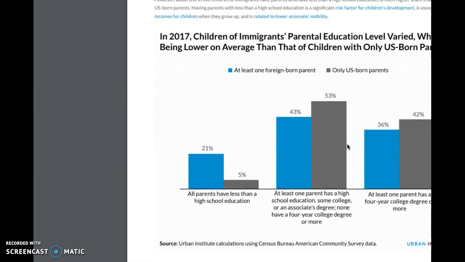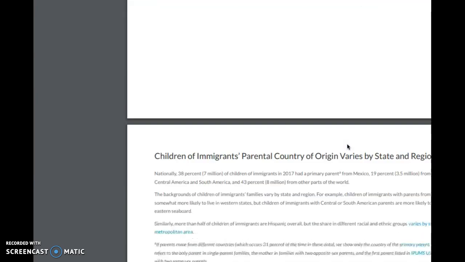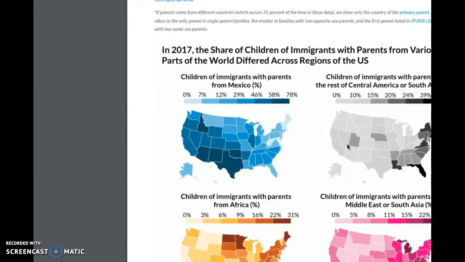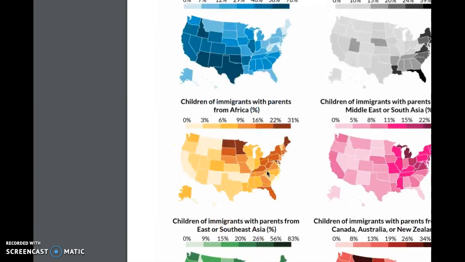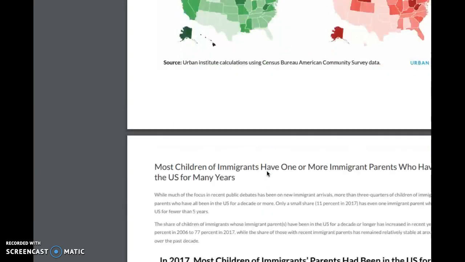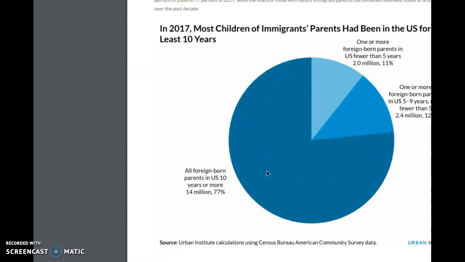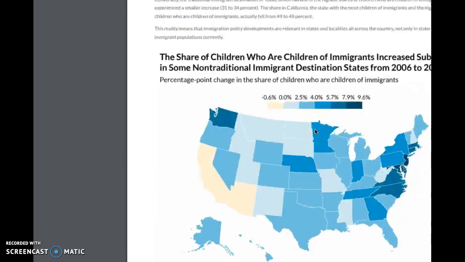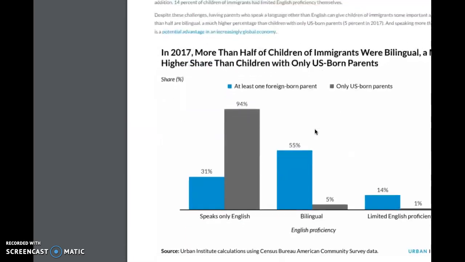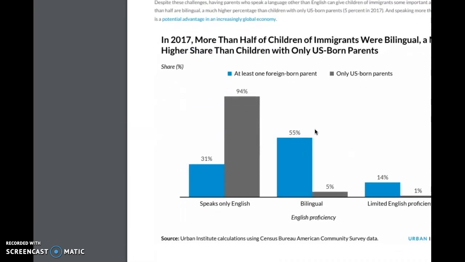And again, you see bar graphs, and I just want to scroll to some maps, right? Different maps that show some of the things that are going on throughout the country in terms of these children of immigrants, right? And so go through there, think about them, think about your readings, choose, I say 1 or 2.